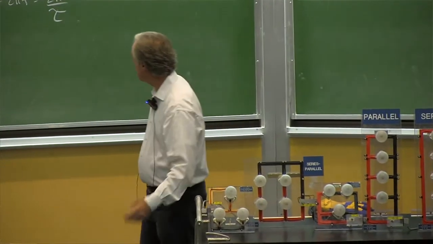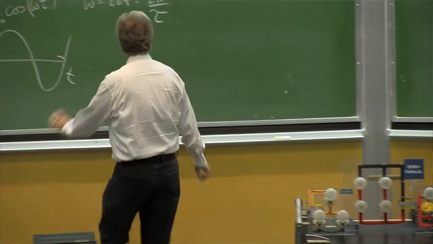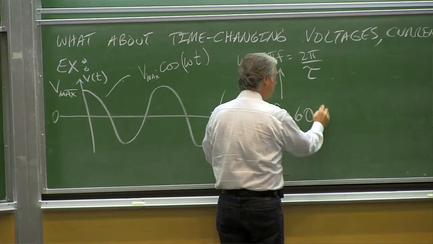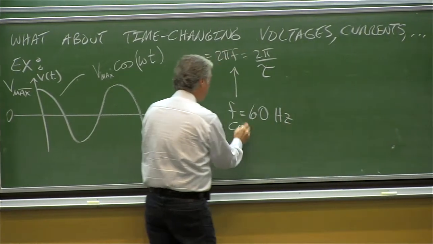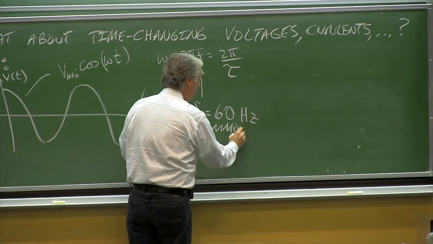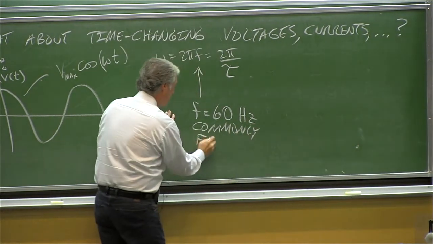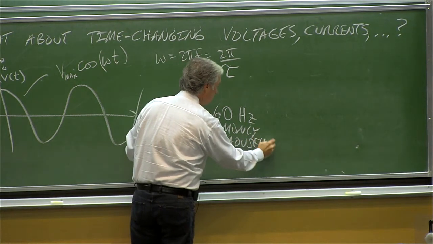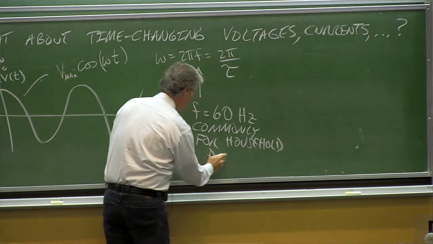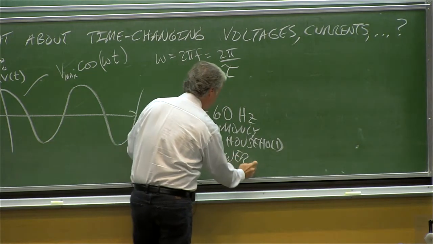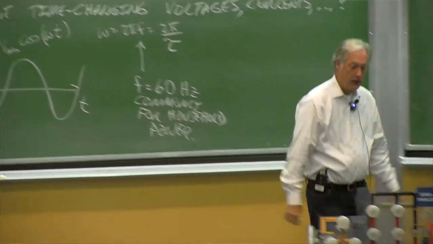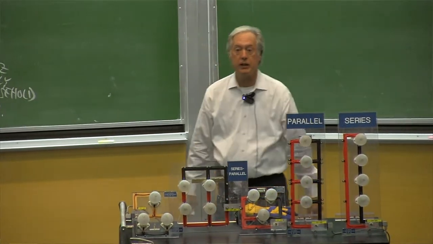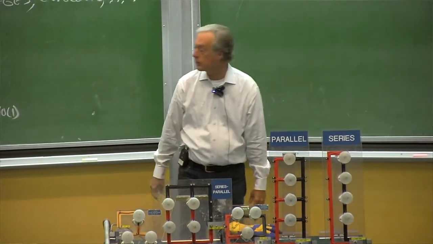The frequency f, commonly in the United States, is 60 cycles for household power. Household power is commonly 60 cycles per second, 60 hertz, we would say.